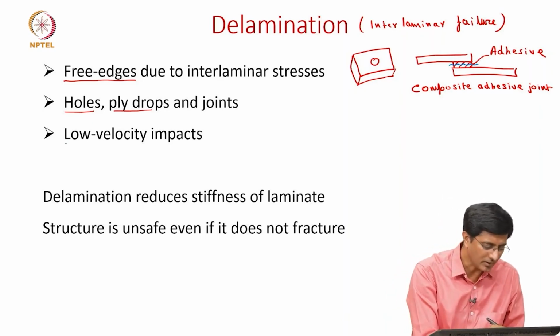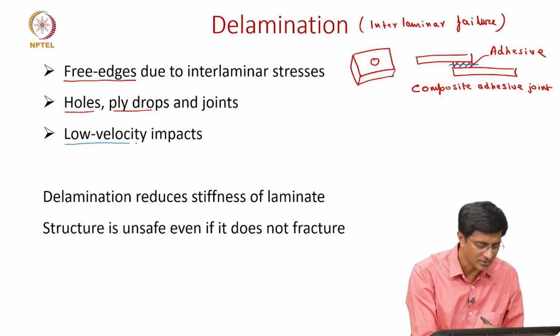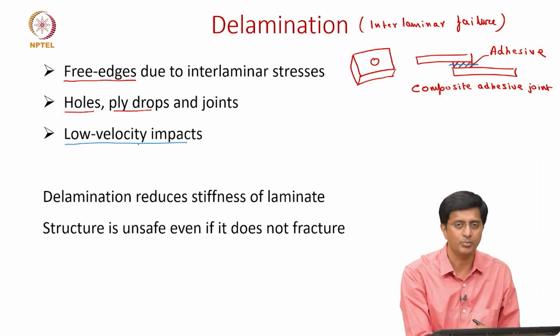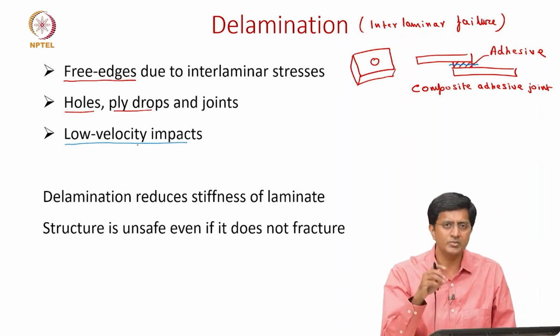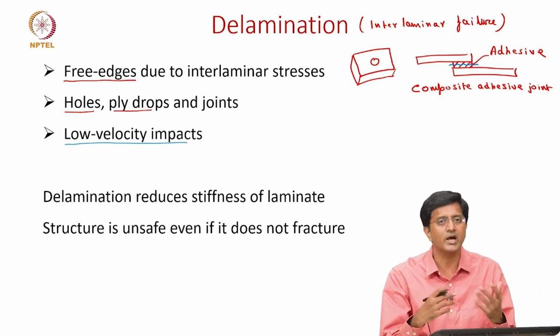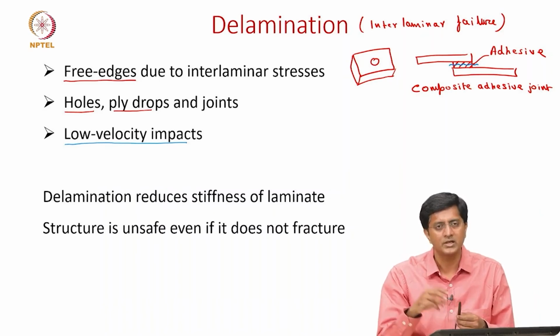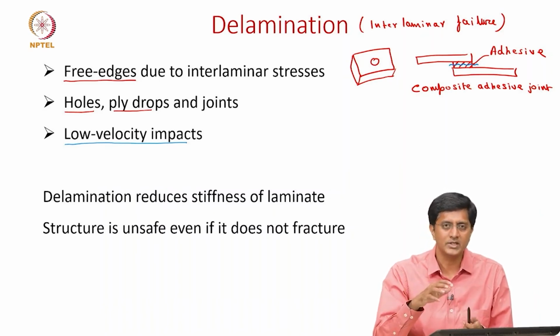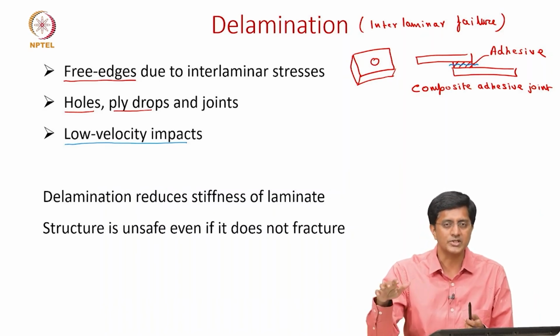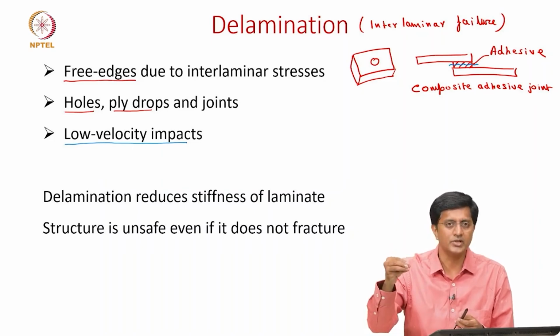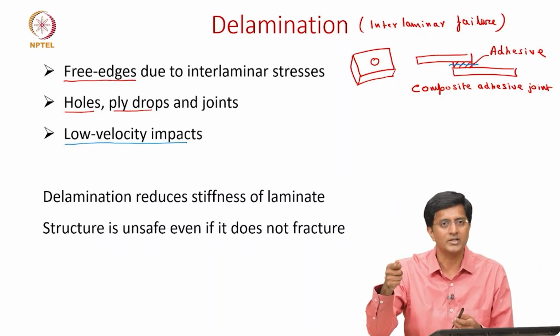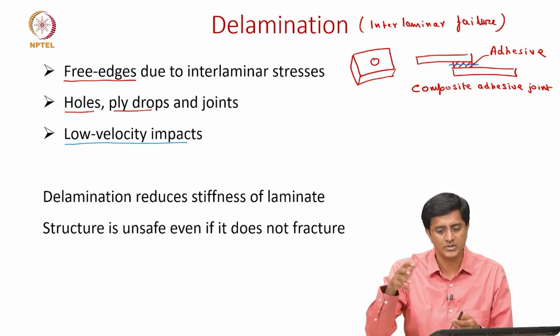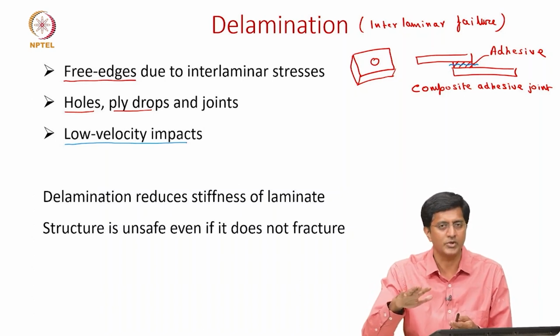But there is another instance of delamination. Let's talk about low velocity impacts. Usually low velocity means we are not talking about very high velocities, but let's say a tool drop. Let's say we are talking about aerospace structures, and a workman is holding a wrench and drops it on a composite panel. What happens? On the surface you won't see any damage, because there are no dents.